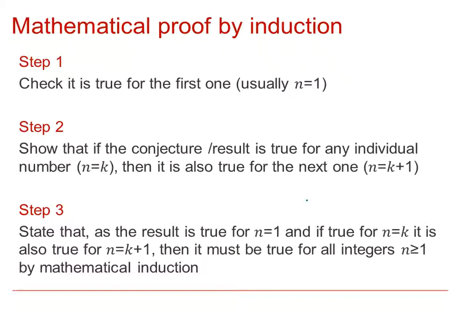We need to show that if the conjecture is true for any individual number, in other words n equals k, then it would also be true for the next one, n equals k plus 1. And then the conclusion step: as the result is true for n equals 1, and if it is true for n equals k, it would also be true for n equals k plus 1, then it must be true for all integer values at least as big as 1 by mathematical induction.